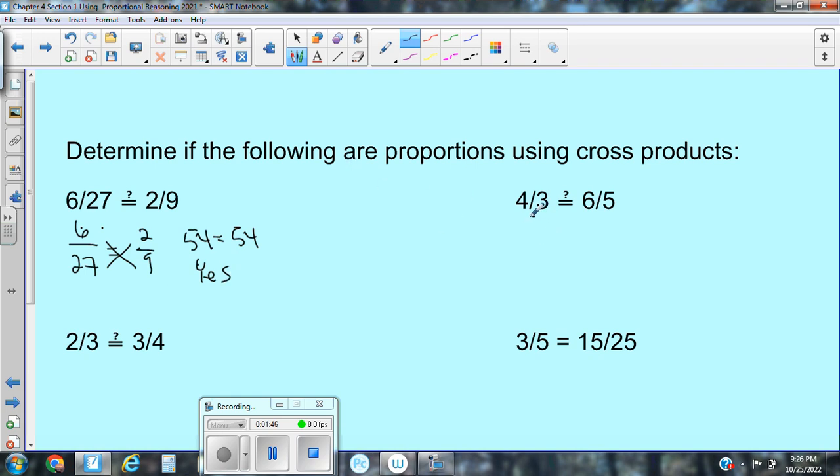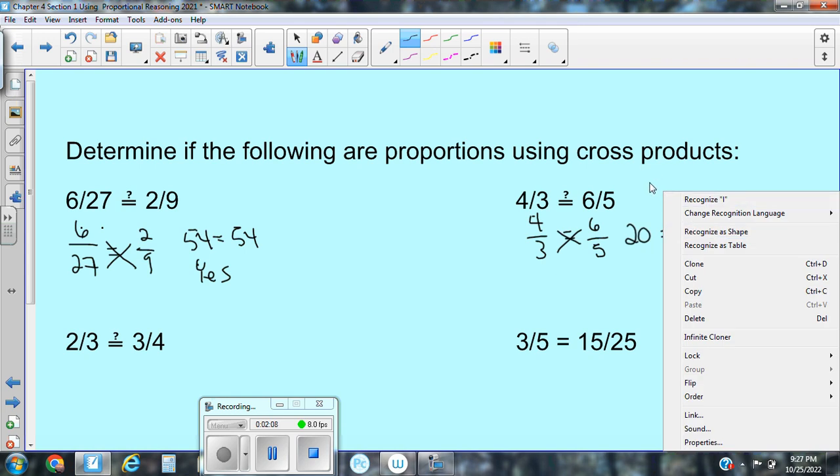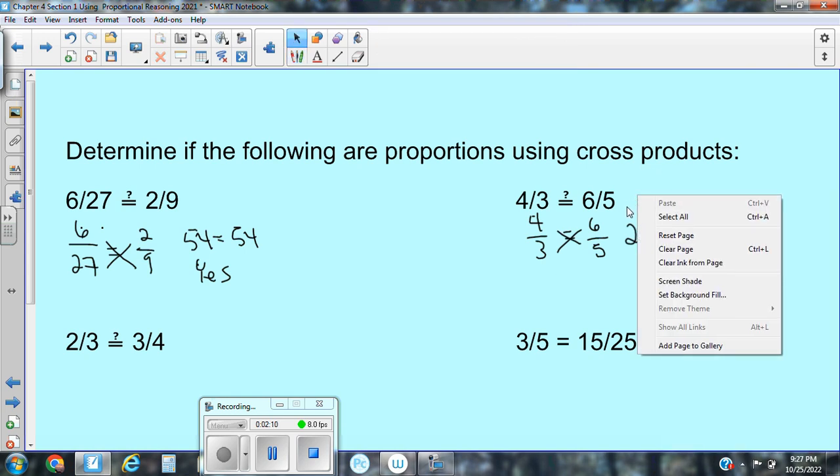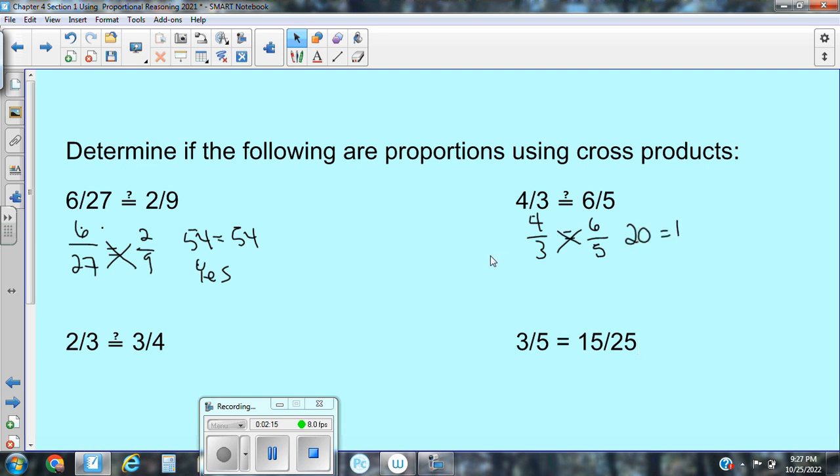So let's look at this second one. 4 divided by 3 equals 6 divided by 5. Okay. And when we cross multiply, 4 times 5 is 20. Set that equal to 6 times 3, which is 18.